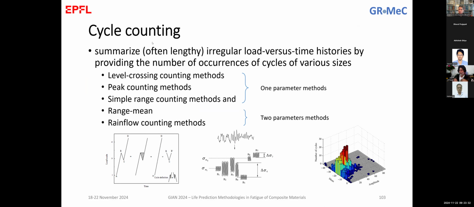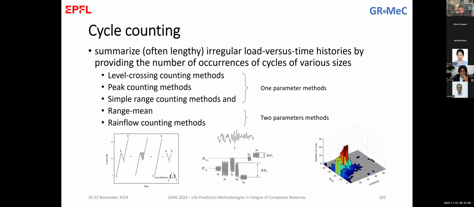We've seen in the previous days that there are several methods for doing cycle counting. The concept is simple: to transfer a variable amplitude loading to block loading that we can then, as we've seen in the previous slide, implement in SN curves and CLDs to estimate the partial damage corresponding to each one of these blocks.